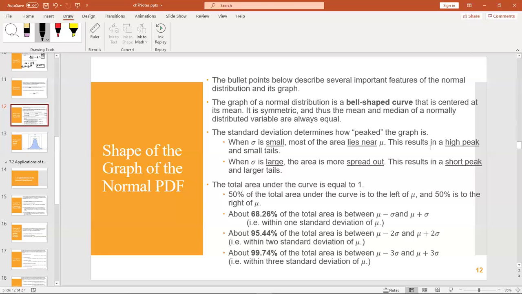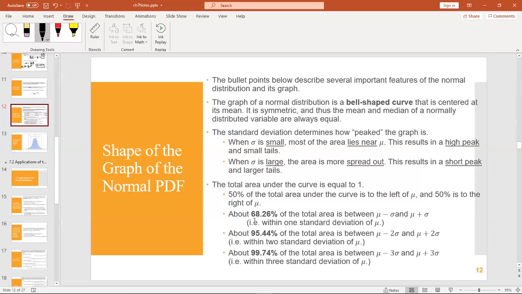If the standard deviation is large, that's going to give you a short peak, so a much wider and spread out curve because the deviation is larger. The total area under the curve is 1, which must be true if you're a probability distribution function. 50% of the area is under the mean, the other 50% is above the mean.